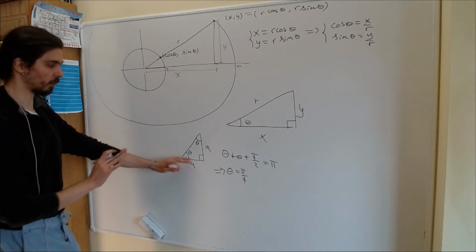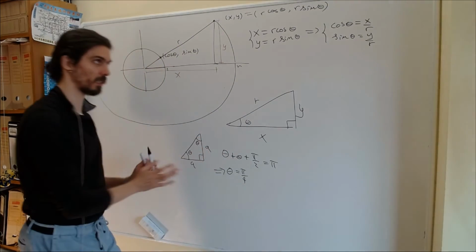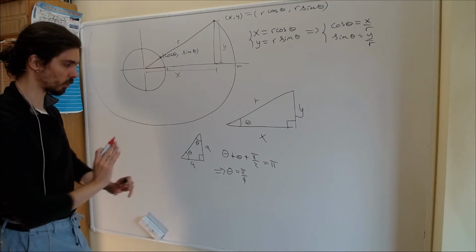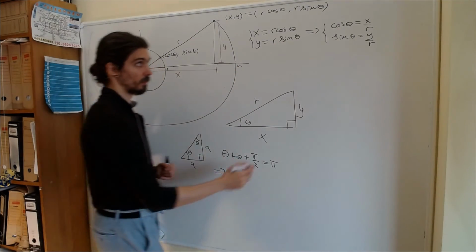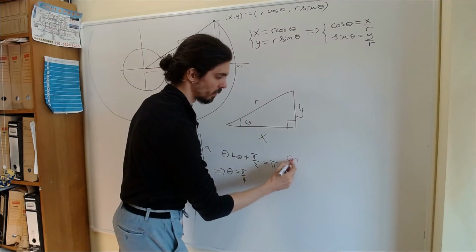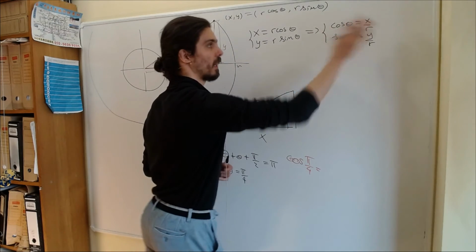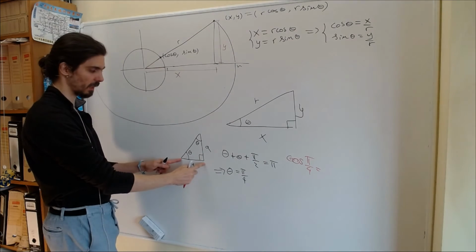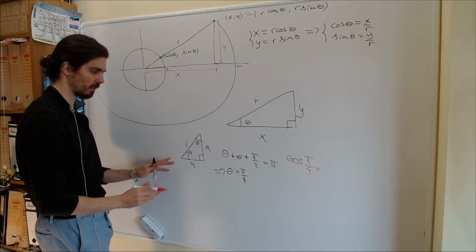Okay? But you see, from this triangle, you can now evaluate, because this is a special triangle, so you can evaluate these functions. From here, cos of pi over 4 is this ratio, x divided by r. But x is a. What's r? R is this distance, right? The hypotenuse.